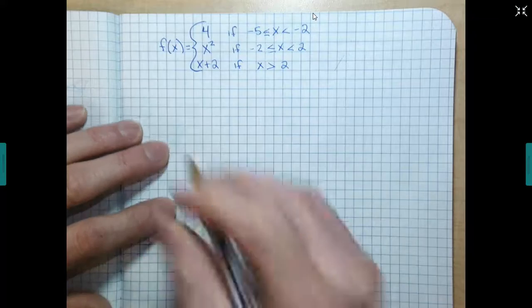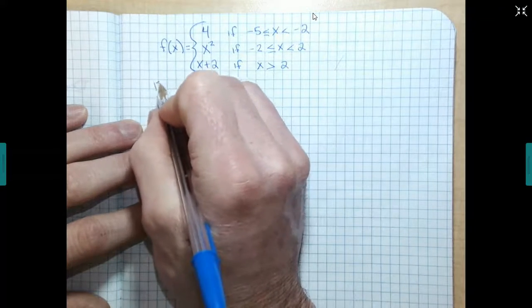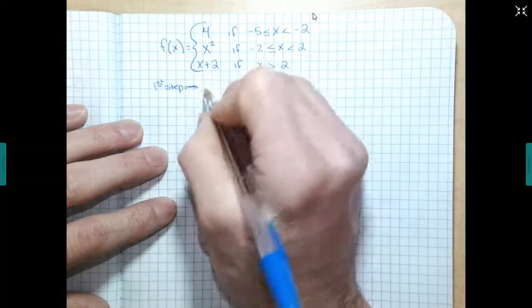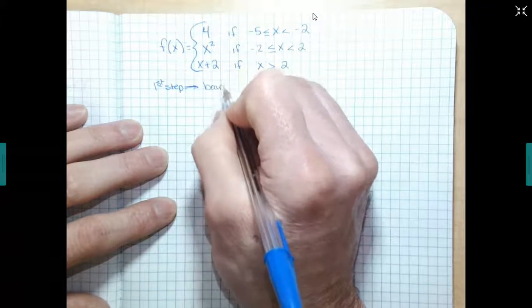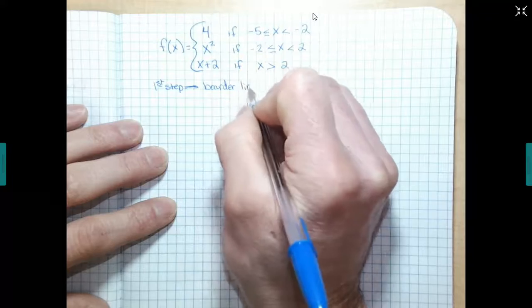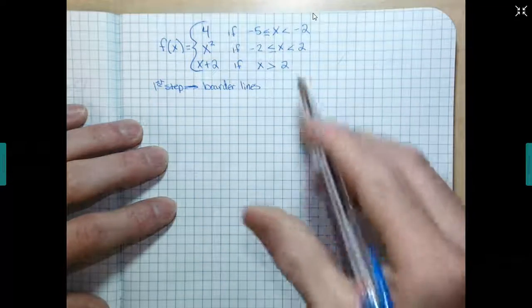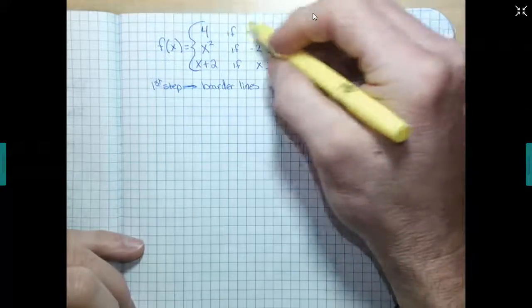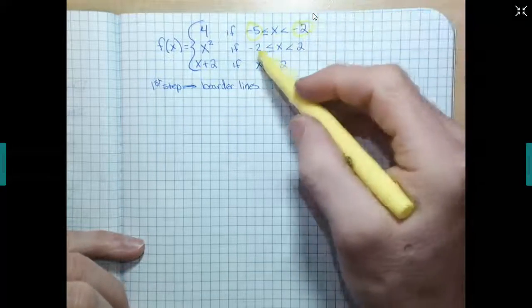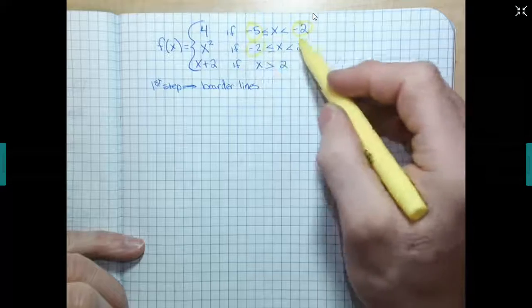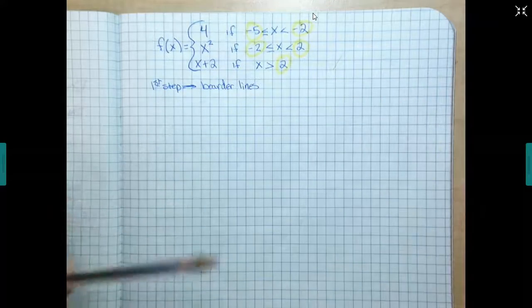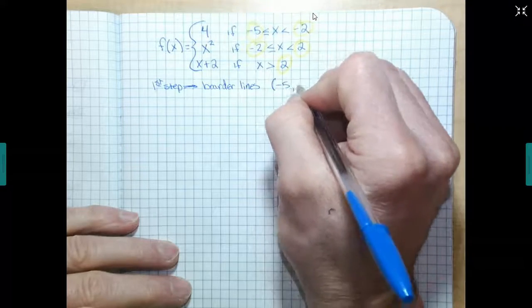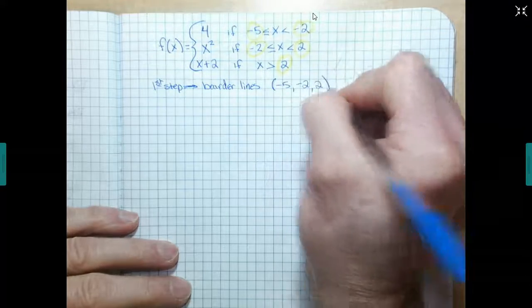Alright, now if you remember, first step is to do your border lines. And my border lines for this one are going to be negative 5, negative 2, negative 2 again, 2, and 2. So my border lines are going to be at negative 5, negative 2, and 2.